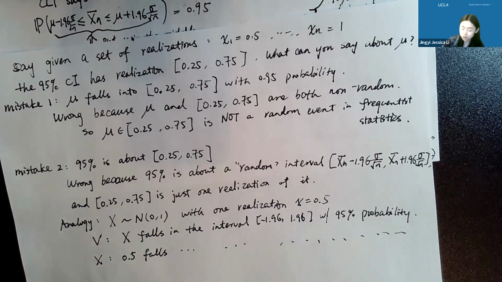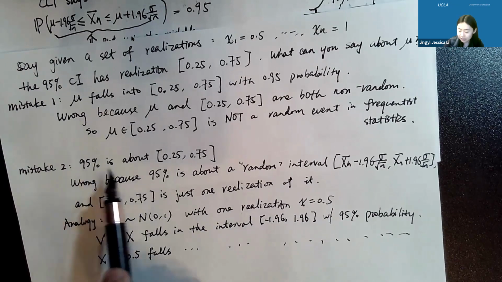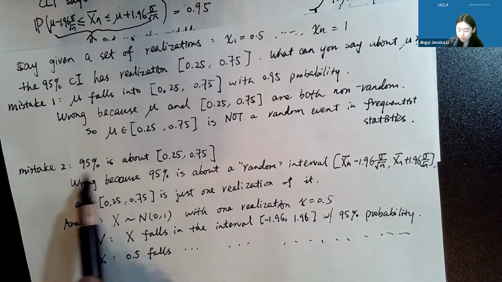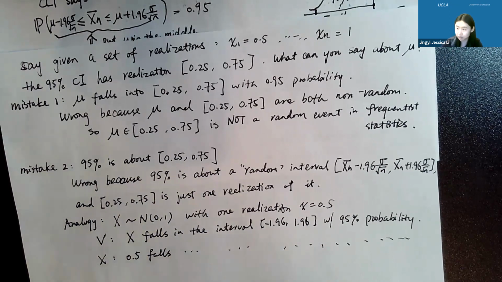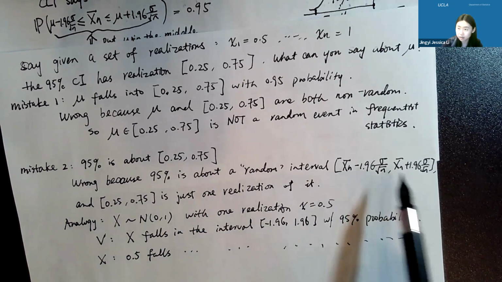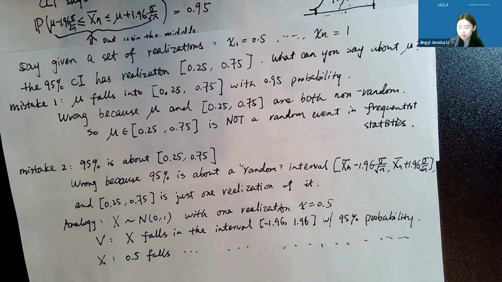So it's an analogy, which says that in the same way, the probability is not about the particular realization of this random interval, but about the random interval itself. Does that make sense? I think this is the key misunderstanding you maybe didn't learn from the intro class, and I want to emphasize it. That's why I feel the random variable understanding is crucial to statistics. Otherwise, it just doesn't make sense to talk about probability.